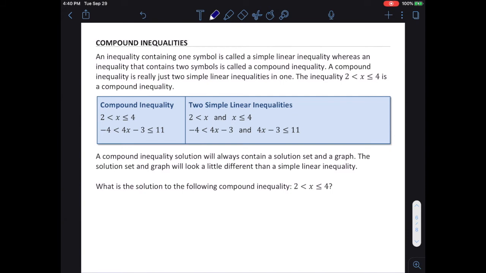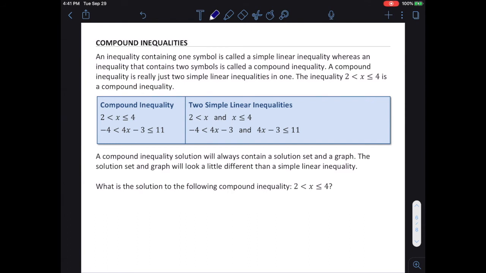But really, it's just two simple linear inequalities wrapped up into one. So if you look in the blue box, you can see a couple of examples. The compound inequality, 2 is less than x, which is less than or equal to 4, is really just 2 is less than x and x is less than or equal to 4. Okay, so it's those two inequalities.